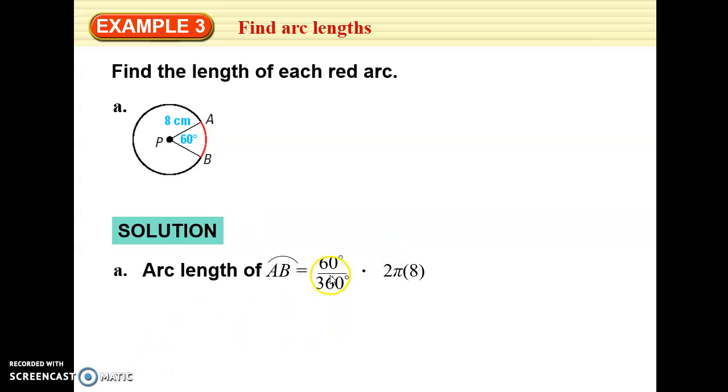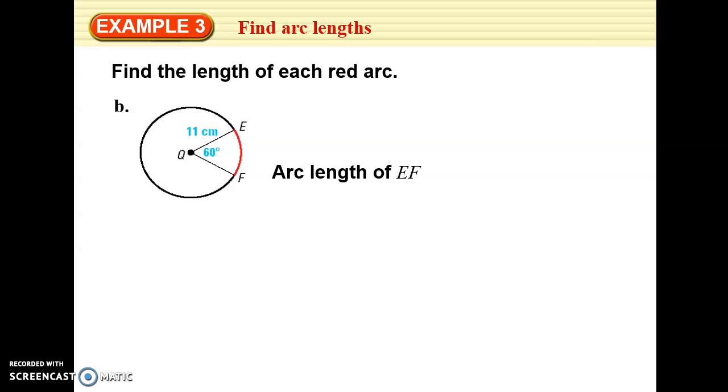But remember, this formula is a proportion, right? 60 is the measure of the angle that we have, the measure of the arc, divided by 360, that is the total of the circle, equals the arc length divided by the circumference, that is 2 pi times 8. 8 because it's the radius, and we get the result.